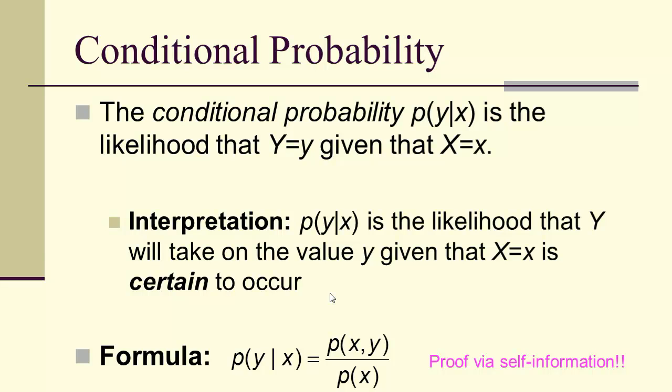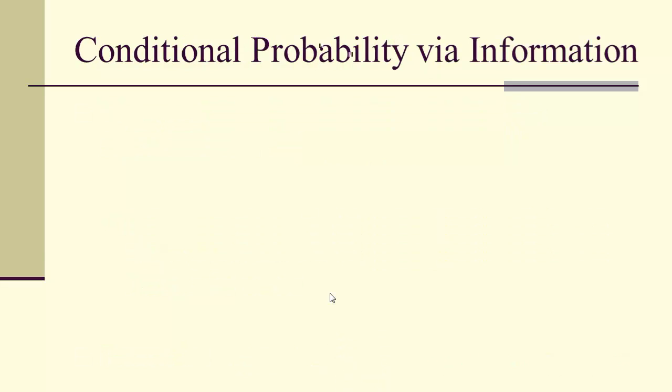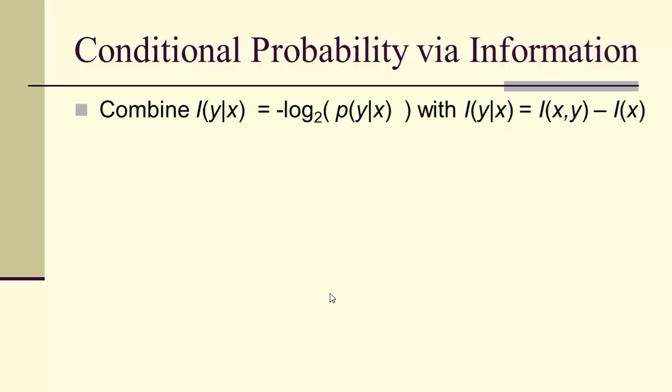But let's prove this formula using self-information. To do so, we use the definition of self-information in terms of the base 2 logarithm, and we use this idea of conditional self-information being the difference of the joint minus the individual.